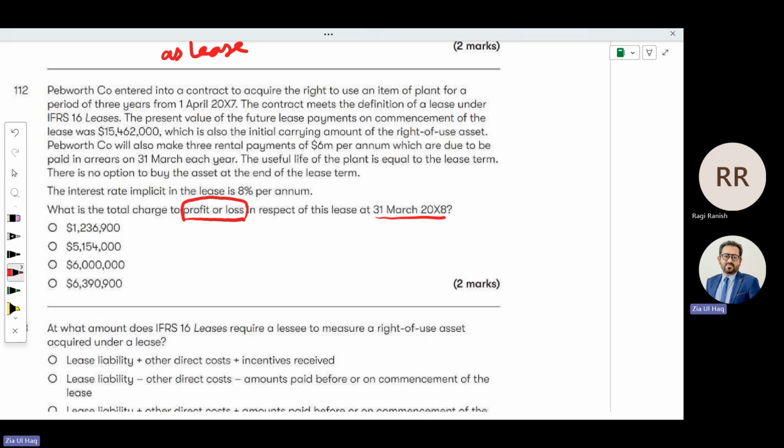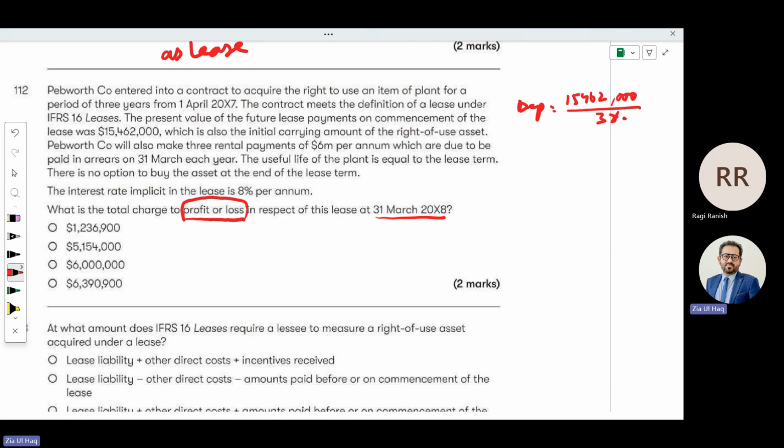The useful life of the plant is equal to the lease term. What is the lease term? How many payments are they going to make? Three years. There is no option to buy the asset at the end of the lease term. The interest rate is 8%. So depreciation will be 15,462,000 divided by 3 years.